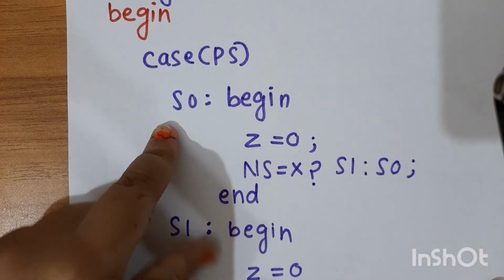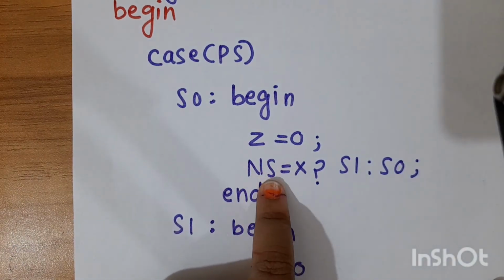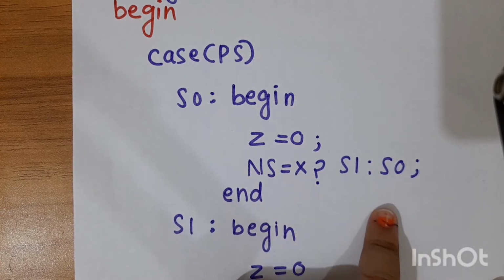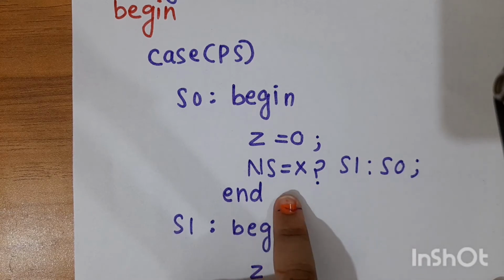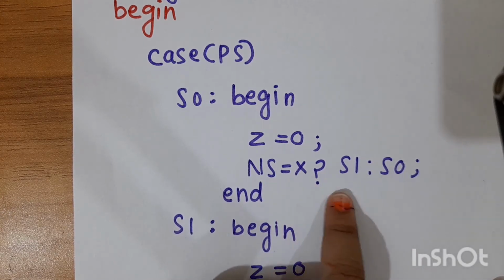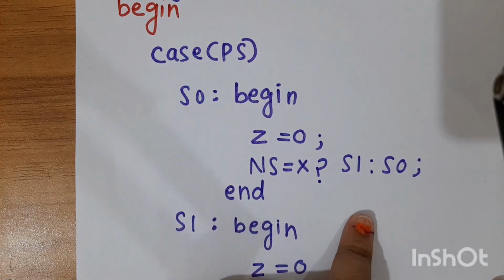So if PS is S0, the output is 0, but for the next state, if the input is 1, it would be S1, and if the input is 0, the next state would be S0. So NS equal to X ? S1 : S0; end. This is a conditional operator.